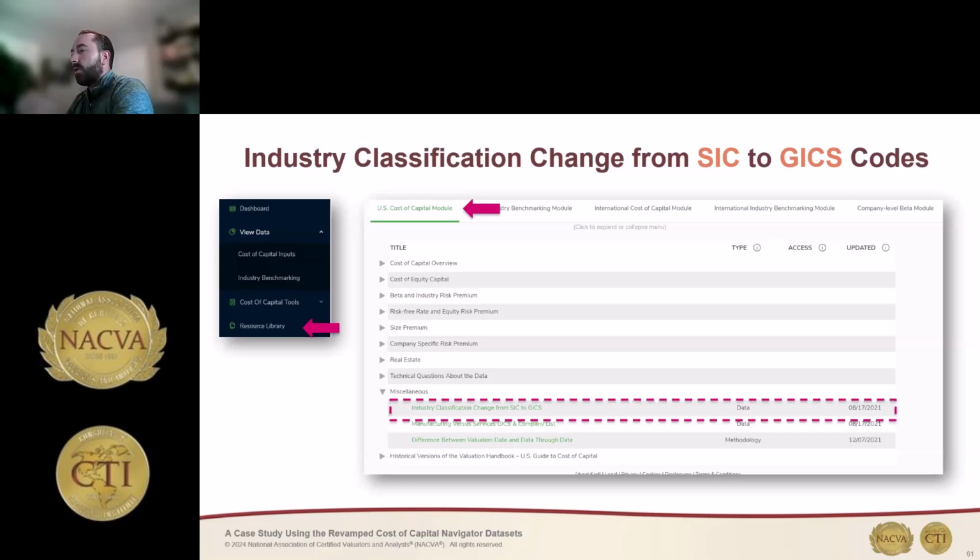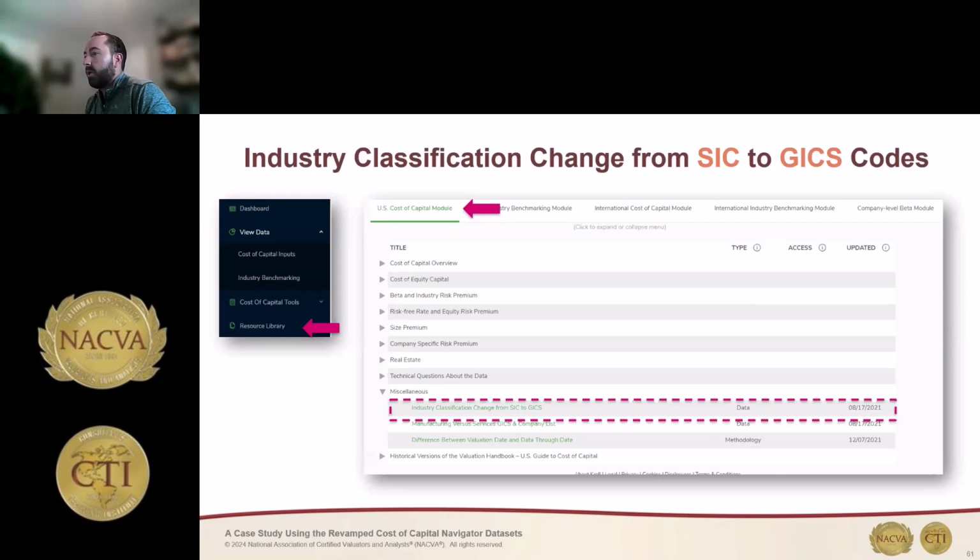You can learn and read more about why we made this change. If you go into the resources library and under miscellaneous, you can select industry classification change from SIC to GICS. There's various reasons why we made the change. One of the big reasons is SICs were, in the late 80s, they stopped updating that.